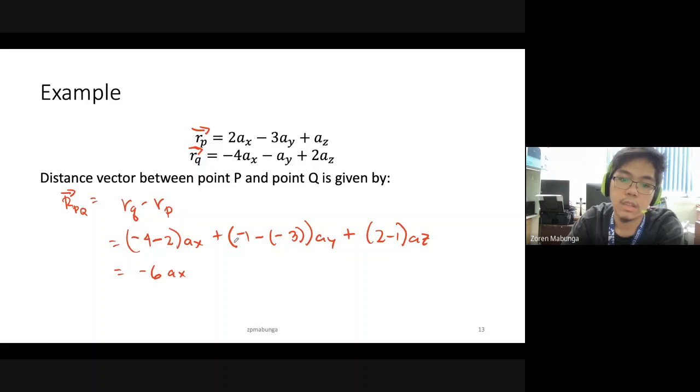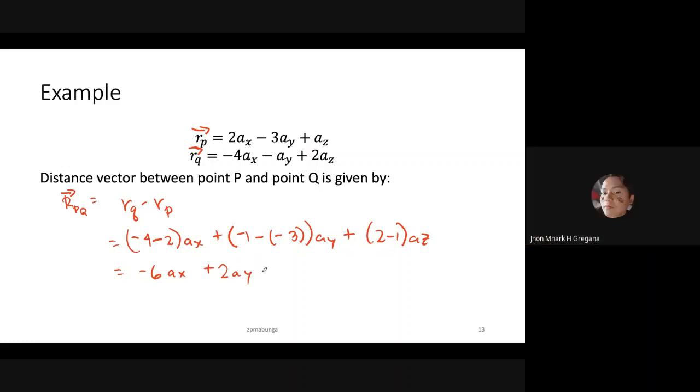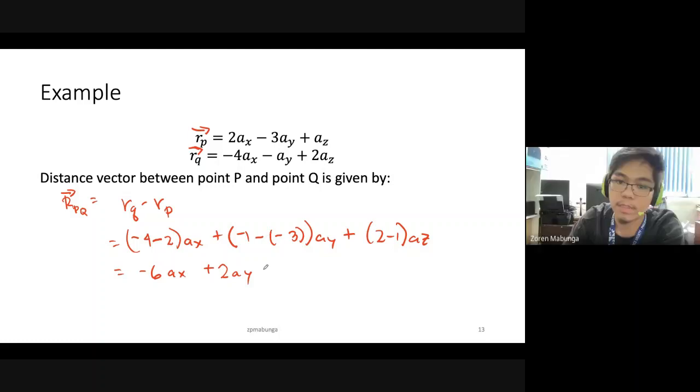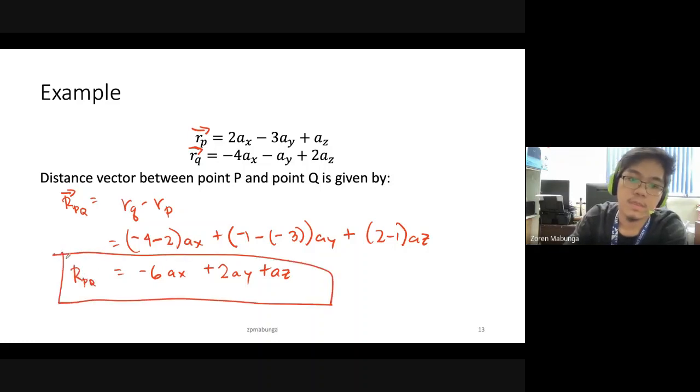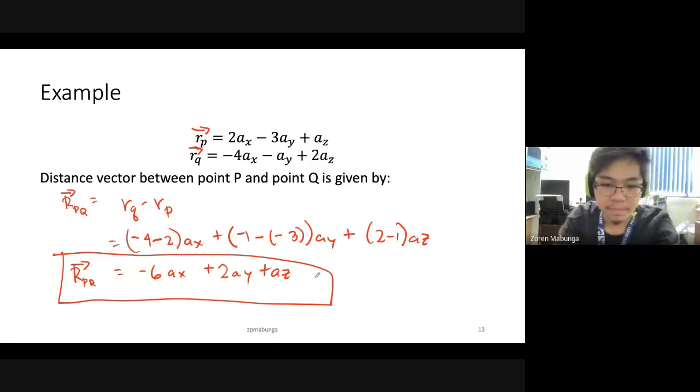Negative 1 minus negative 3, ilan to? Positive 2ay. Tama? Tama po, magpa-positive, no? And then, plus az. So, this will be your vector RPQ. Okay, so lagyan na lang arrow sa taas. Any question? Madali, mahirap?